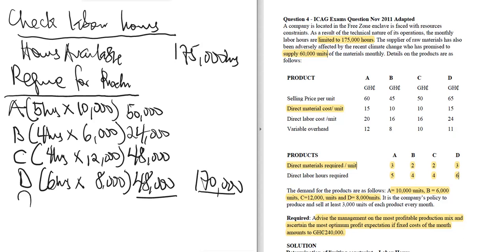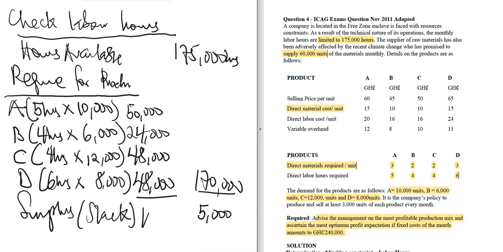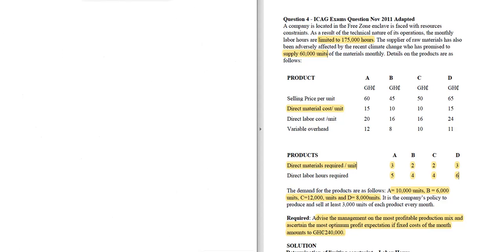That means that there's a surplus or slack, okay? Which means it's unused. Slack means unused resource, okay? So that means there's surplus hours available. That means labor hours is therefore not the limiting factor because it has excess hours available.